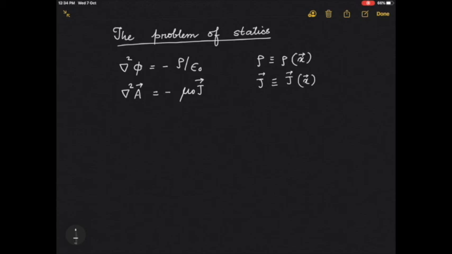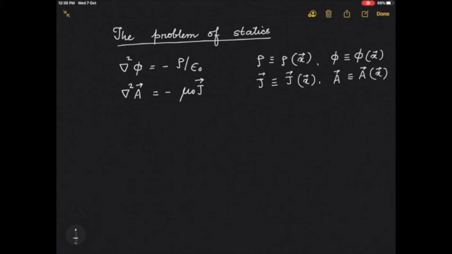So the x, y and z components of J will be functions of those. And because of that, phi is also a function of only the position variables, and that's the functional form we are trying to get by solving these equations for a given boundary condition.